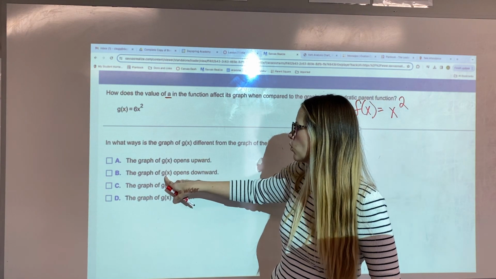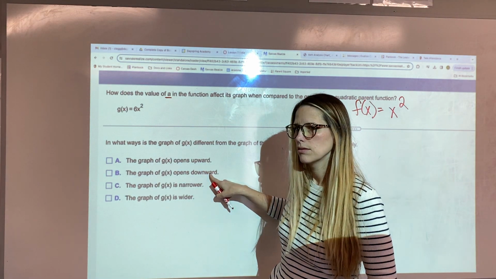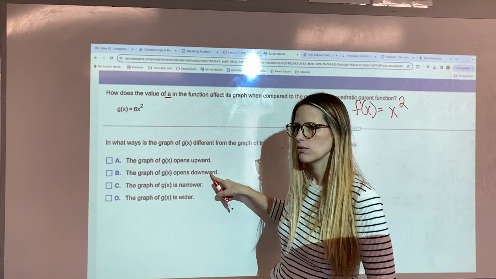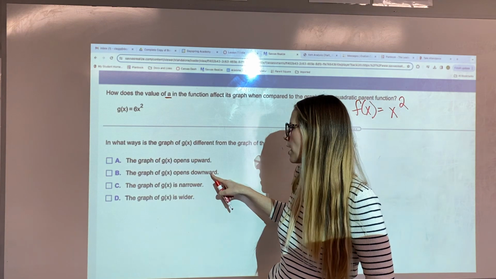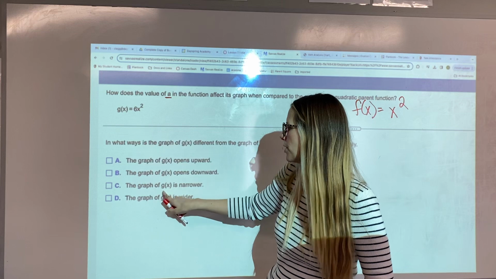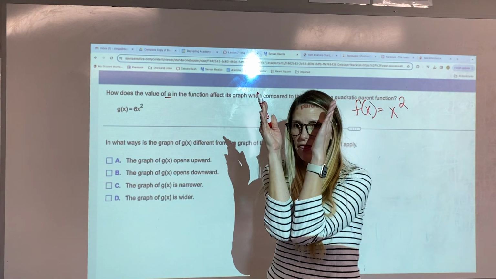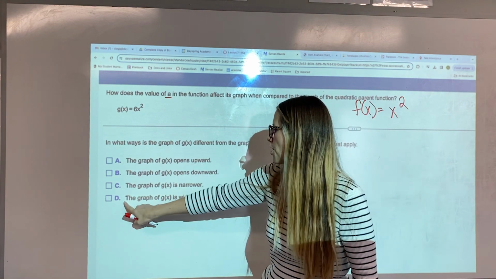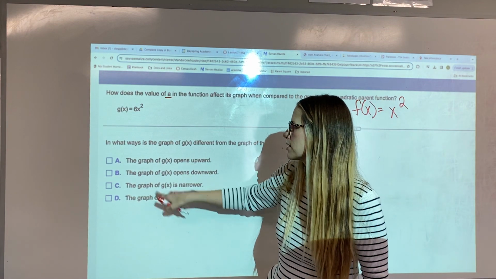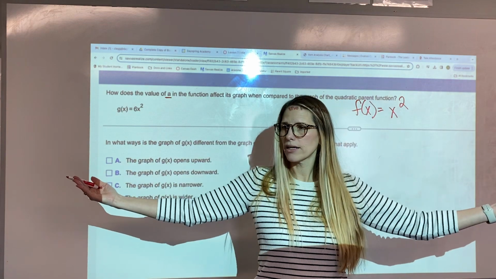The graph of the little baby opens downward. So we'll have to think about that. What might affect it, opening upward or downward? The graph of g of x, the little baby, is narrower. So the parabola is like thinner. Or the graph of g of x, the little baby, is wider. The smile is wider.